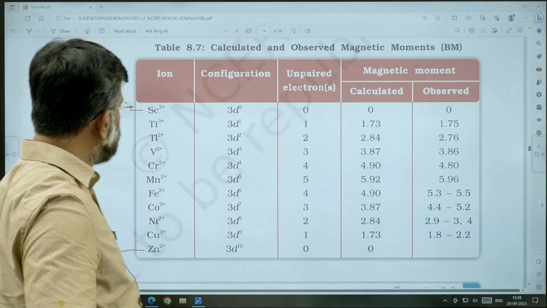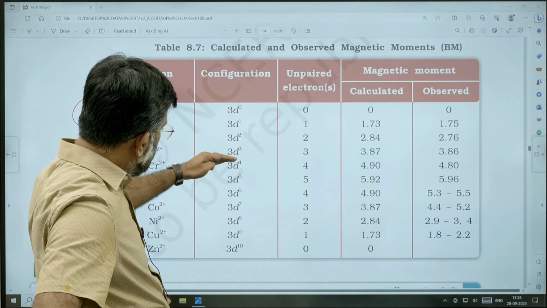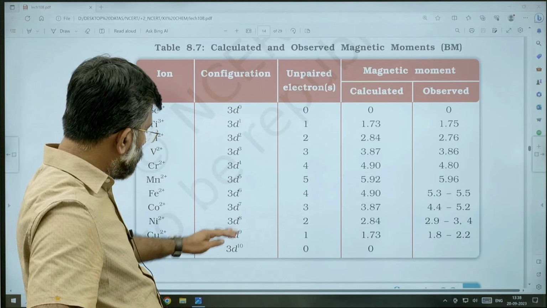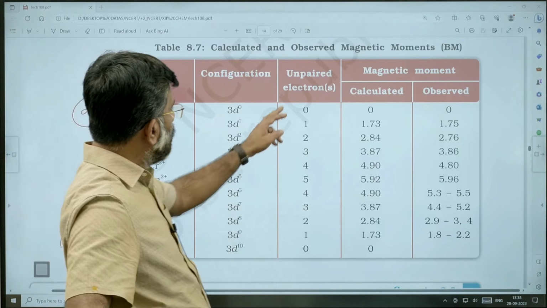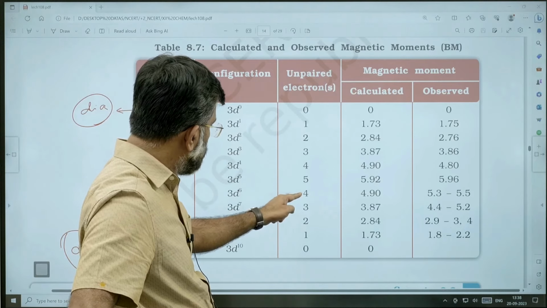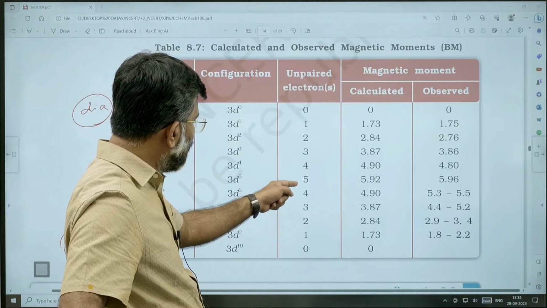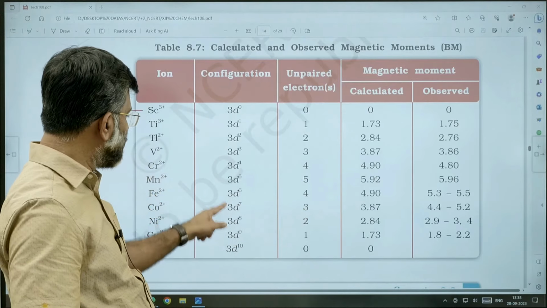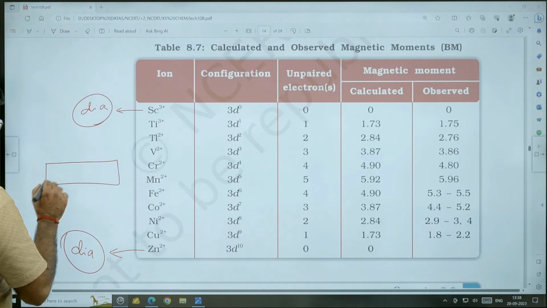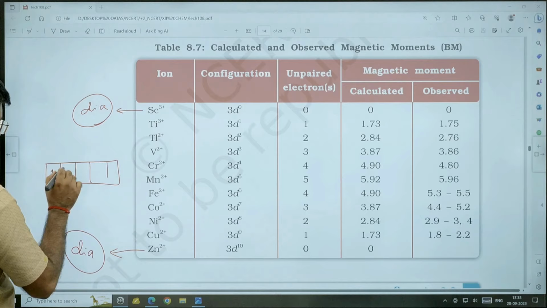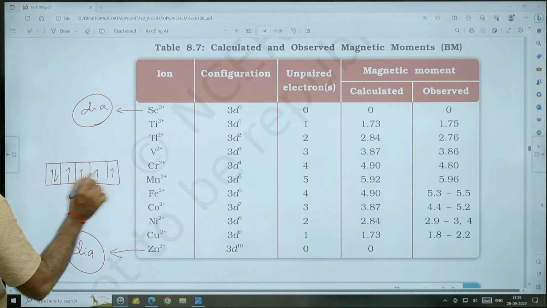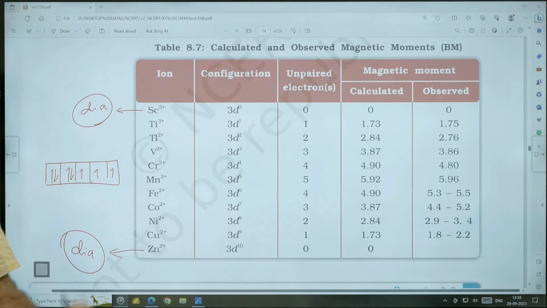What about the others? d1, d2, d3, d4, d5, d6, d7, 8, 9, 10, like that. Up to 9, it is the number of unpaired electrons. d1, 1, 2, 3, 4, 5. And then pairing starts. In d6 pairing starts, so d6 has 4 unpaired electrons, d7 has 3 unpaired electrons.